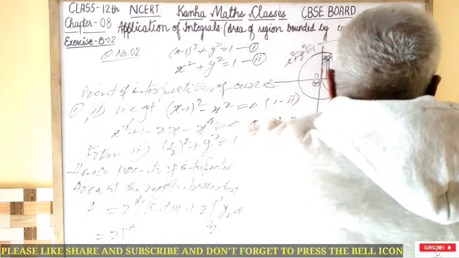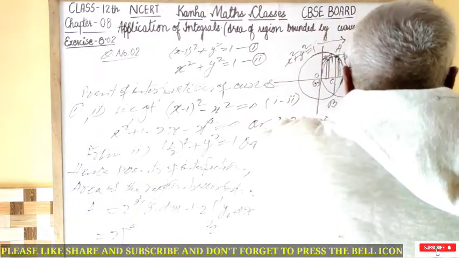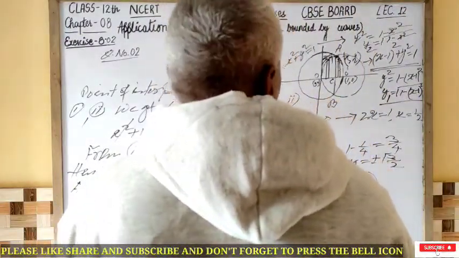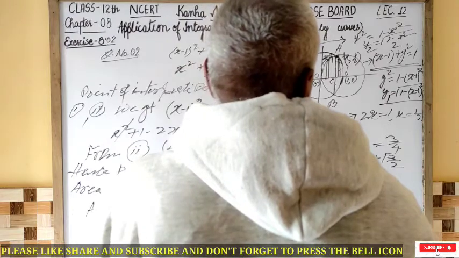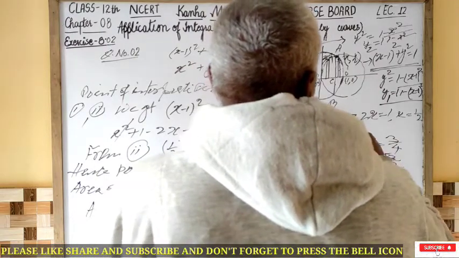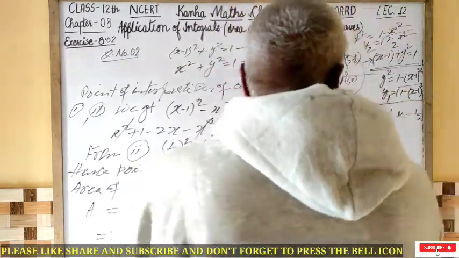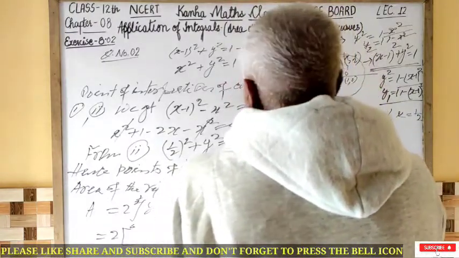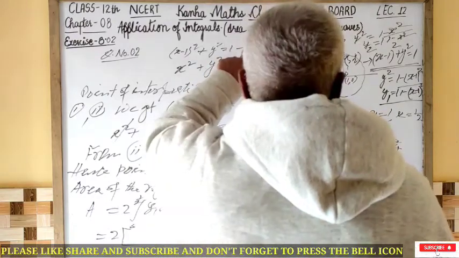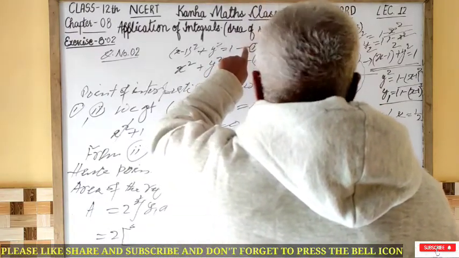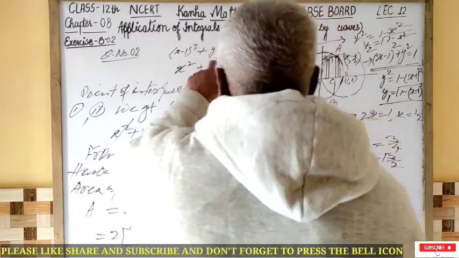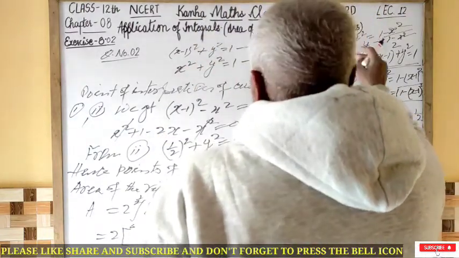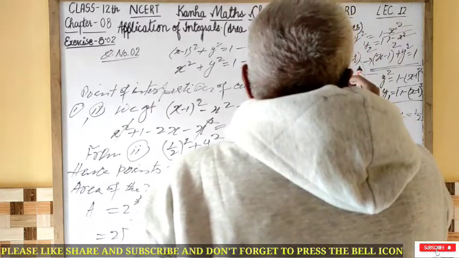So we will write here the limit y1 dx. Actually, according to the figure, this is equation 1, (x minus 1) whole square plus y square is equal to 1, and this circle is this.